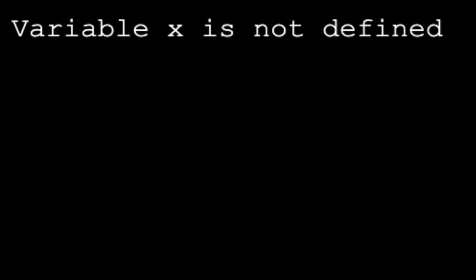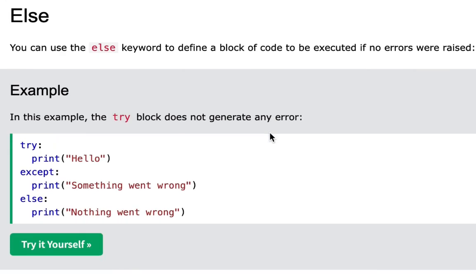If we define x as 5, instead of printing variable x is not defined, it will print only 5. So if we add a definition to the variable x, it's going to print a 5 like it does now. Now let's move on to the else. The else keyword defines a block of code that is executed if no errors were raised.